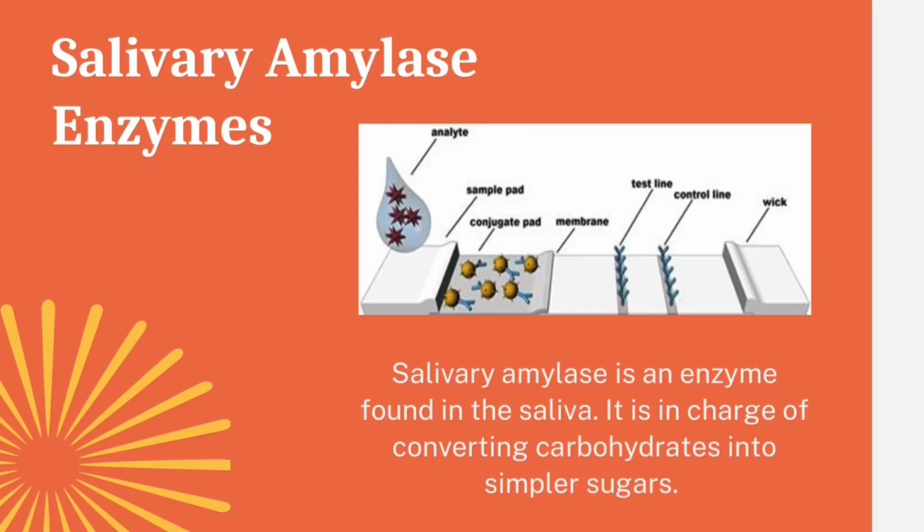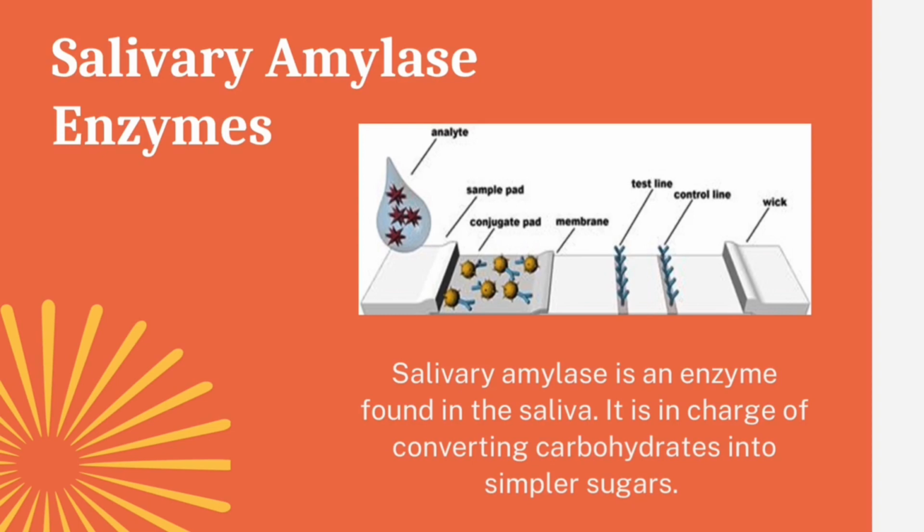What is salivary amylase? Salivary amylase is an enzyme found in the saliva. It is in charge of converting carbohydrates into simpler sugars. When we eat, salivary amylase is generated by the salivary glands and released into the mouth. Saliva is the most abundant and easily accessible source of amylase.